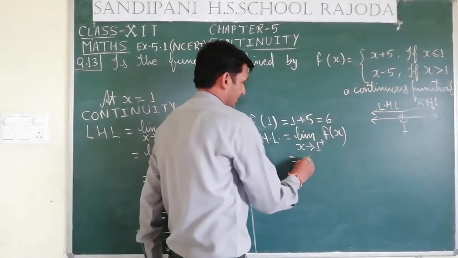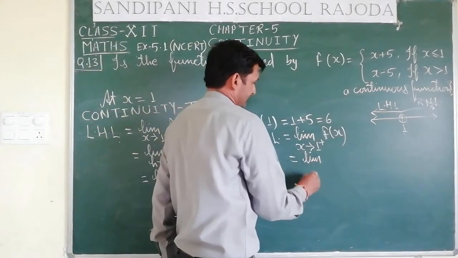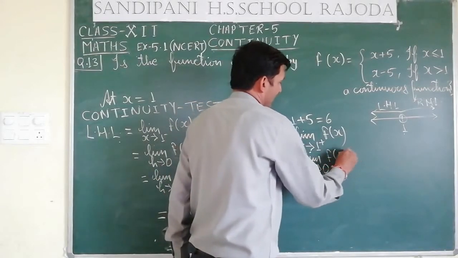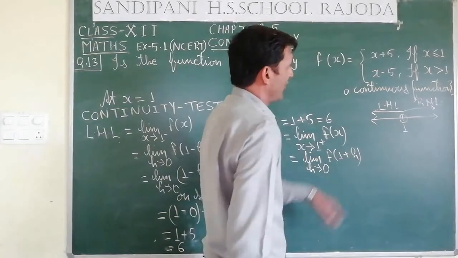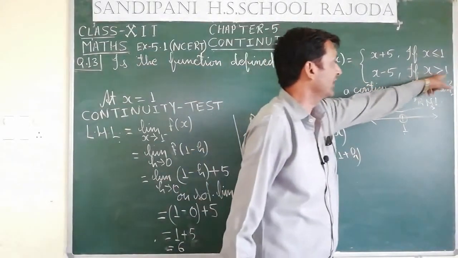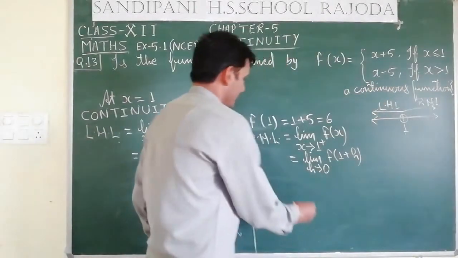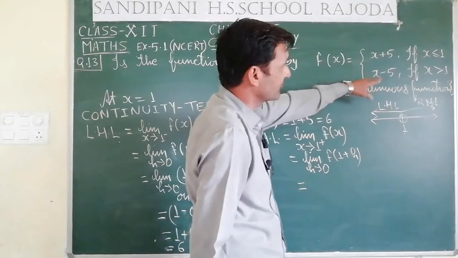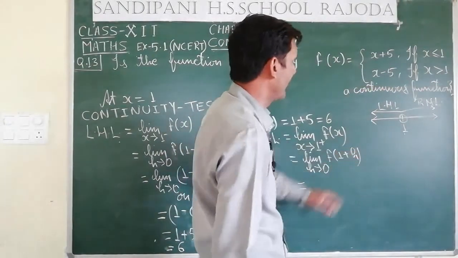So it will be limit h tends to 0, f of 1 plus h. Now we have to put 1 plus h in this part of the function for greater than 1. So in place of x, I am substituting the value of x as 1 plus h.